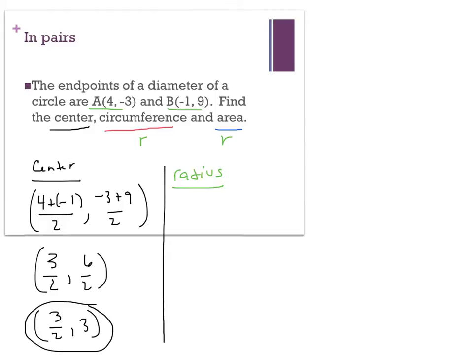I know the radius squared is equal to, we're just going to use the distance formula. So the radius is going to equal the square root of x2 minus x1 squared, or I should say, let me erase this, this should be the diameter.